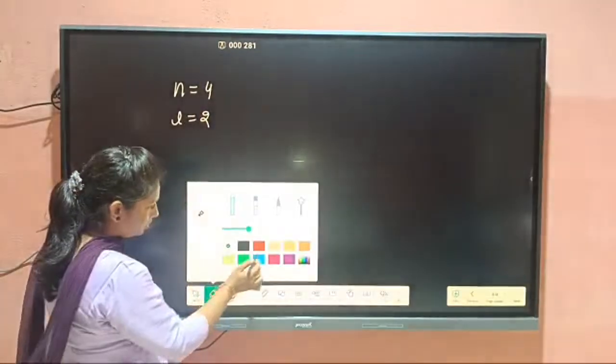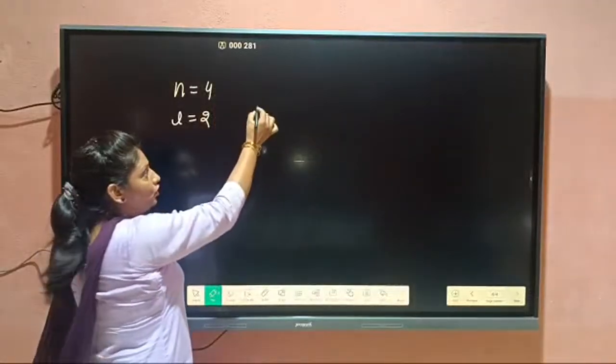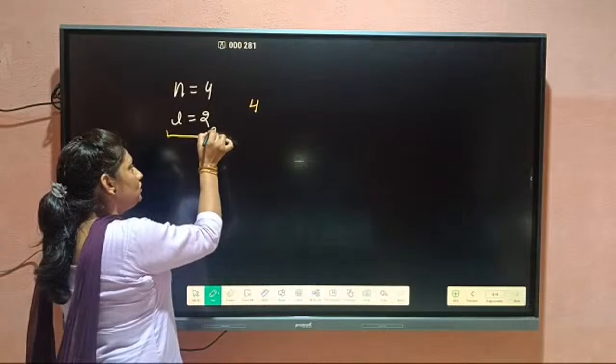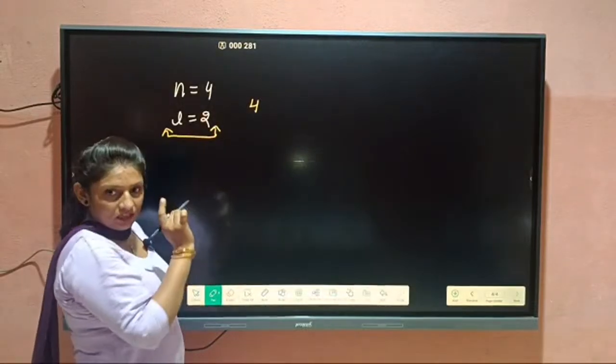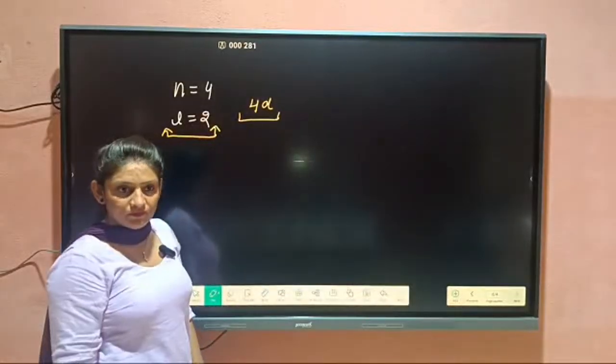Can you tell me or not? n is 4. And for which subshell is l 2? d. So it represents 4d.